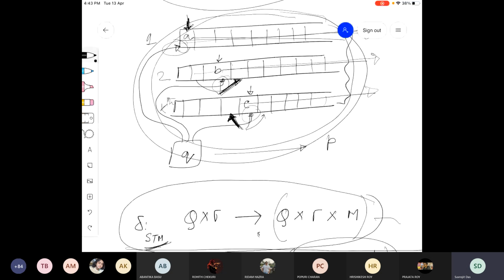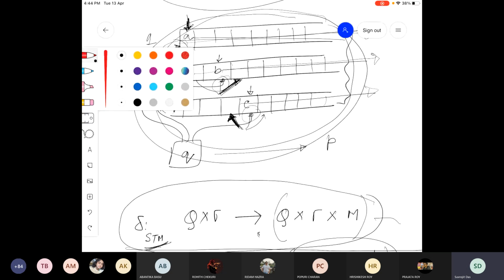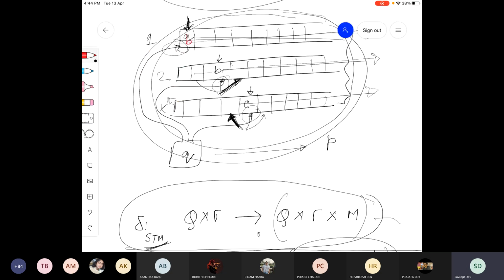I would rewrite the symbol that I was scanning in tape 1, that is A, with a B. I would rewrite the tape symbol that I was reading in tape 2, that is B, with an A, and I would rewrite this with an A also.